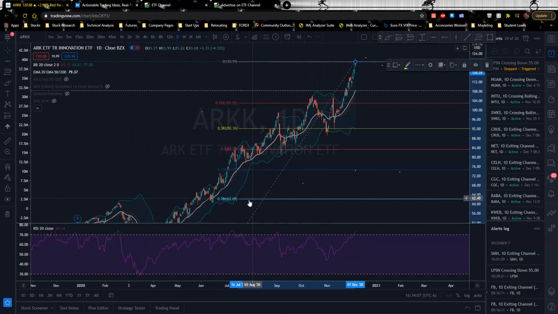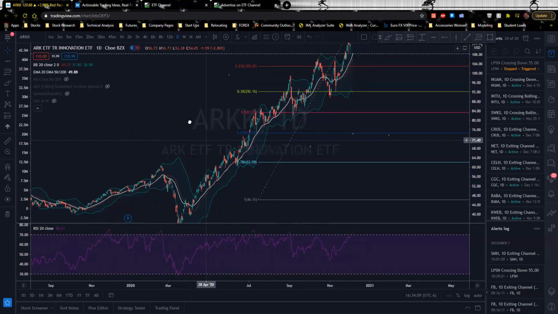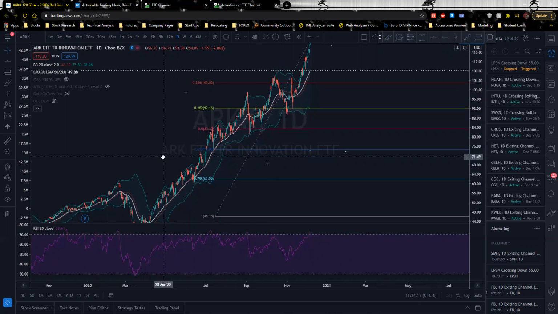It's just preference. But whatever you use, keep everything the same. If you're using body to wick for your retracement, use body to wick for the extension target, just to keep everything in line.